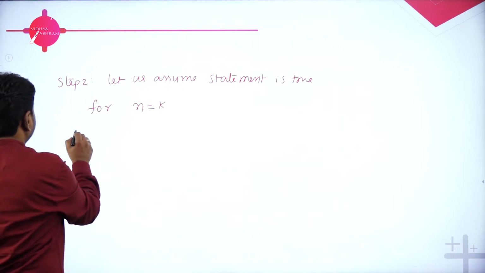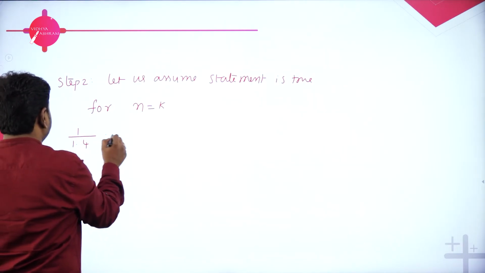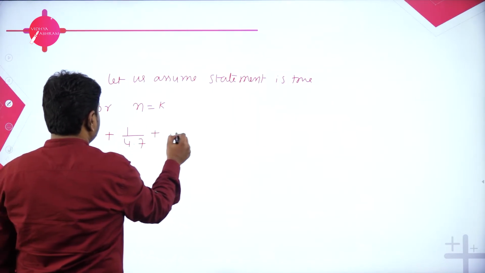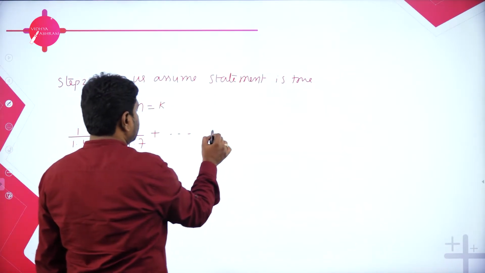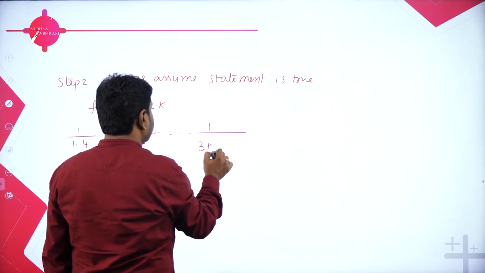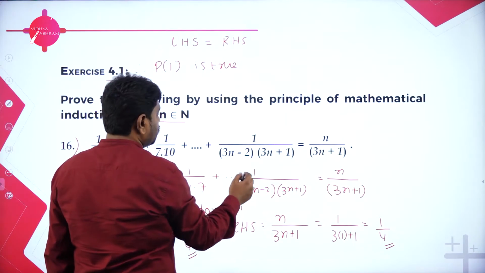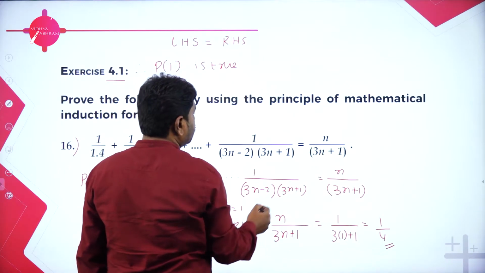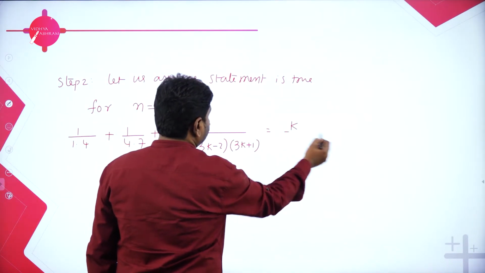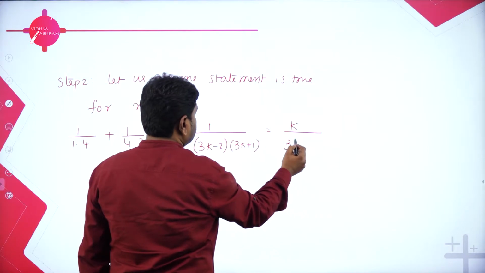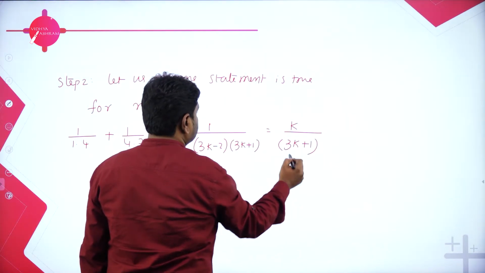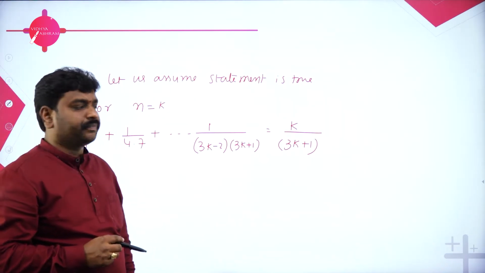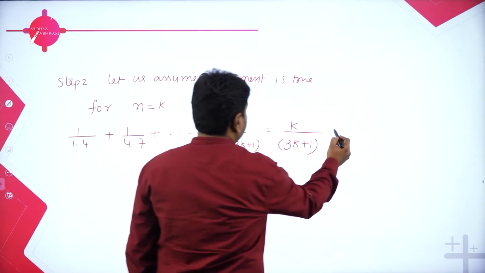Then it will become 1 by 1 into 4 plus 1 by 4 into 7 plus so on till 1 by 3k minus 2 into 3k plus 1 is equal to k by 3k plus 1. In the place of n put k. That's it. So now we wrote in the place of n we assumed k. So call this as equation 1.